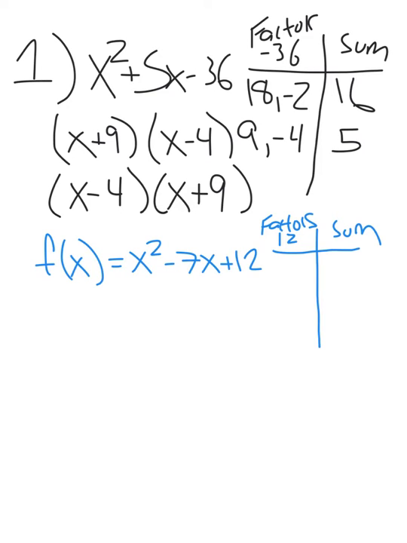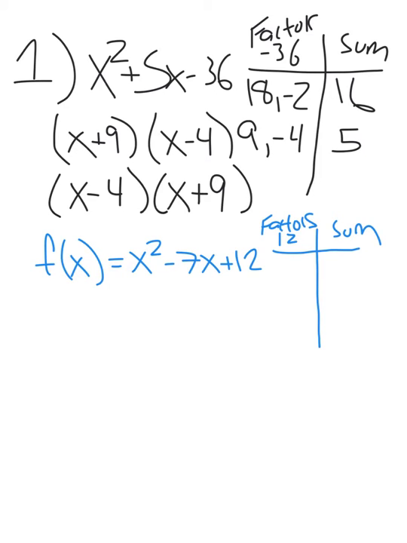Now because the constant is positive 12, and the coefficient of x, b, is negative, I know my factors both have to be negative, because a negative times a negative is a positive, and a negative plus a negative is a negative.